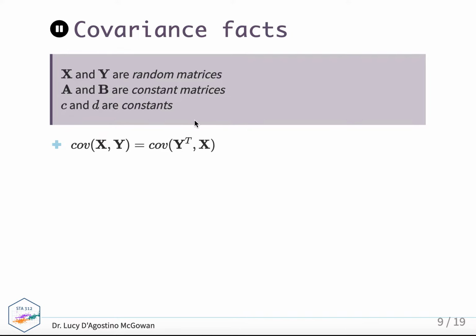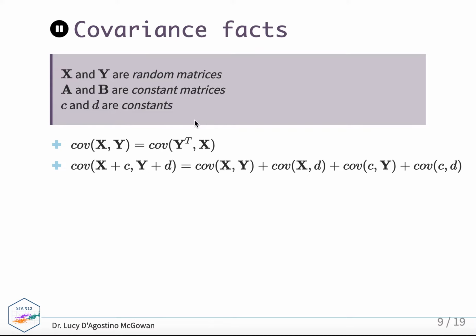The first fact is that the covariance of X and Y is equal to the covariance of Y transpose and X. The next fact is that the covariance of X plus c and Y plus d is equal to the covariance of X and Y plus the covariance of X and d plus the covariance of c and Y plus the covariance of c and d. So basically we can distribute this through to pull out each of these four parts.